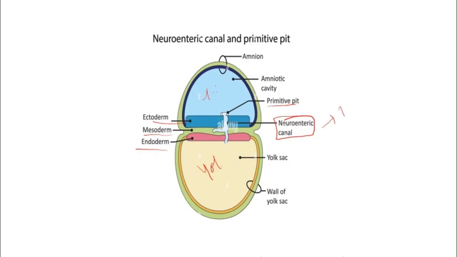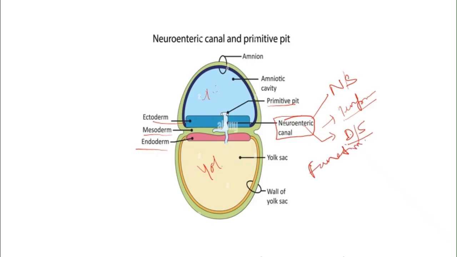It is a temporary canal, which later on fuses. As the name suggests, neuro means related to the nervous system and enteric means related to the digestive system. So for a short span of time, there is a communication between them.